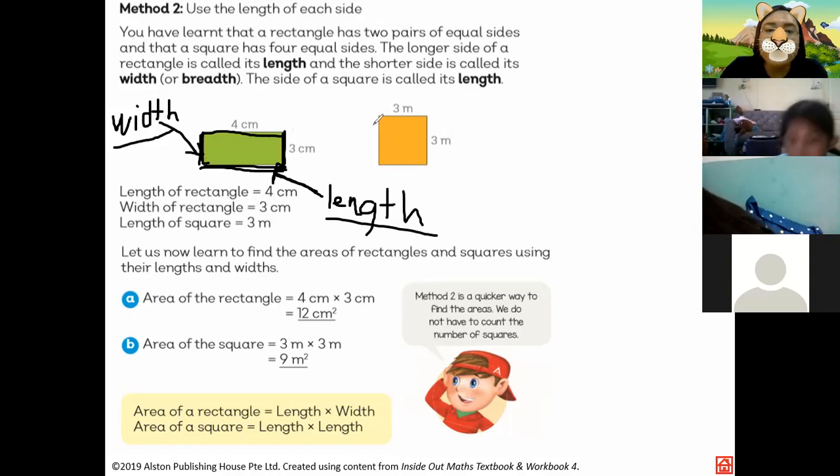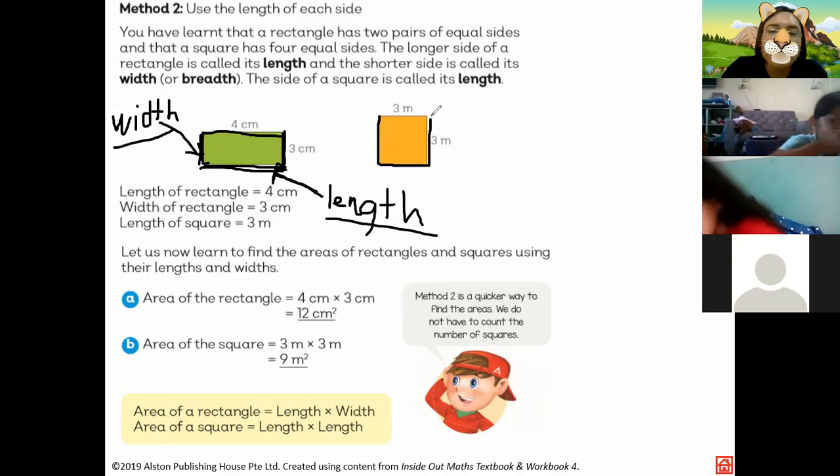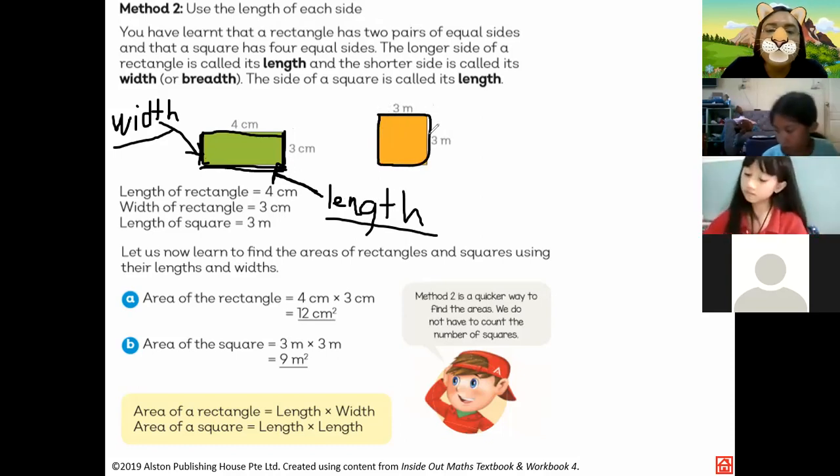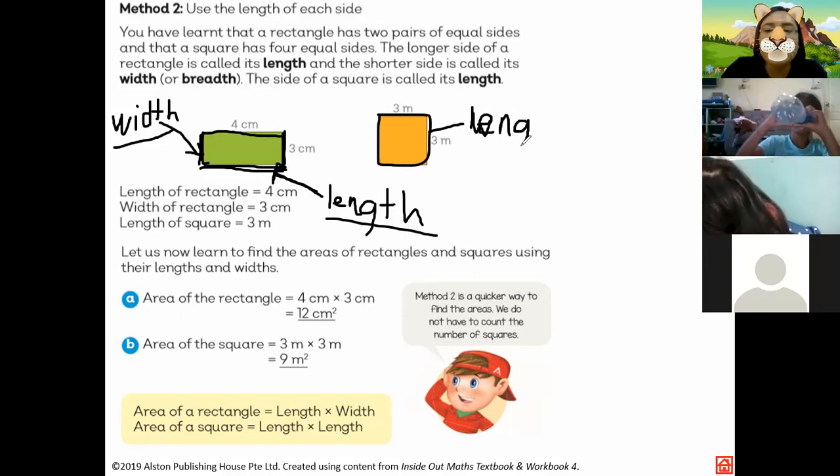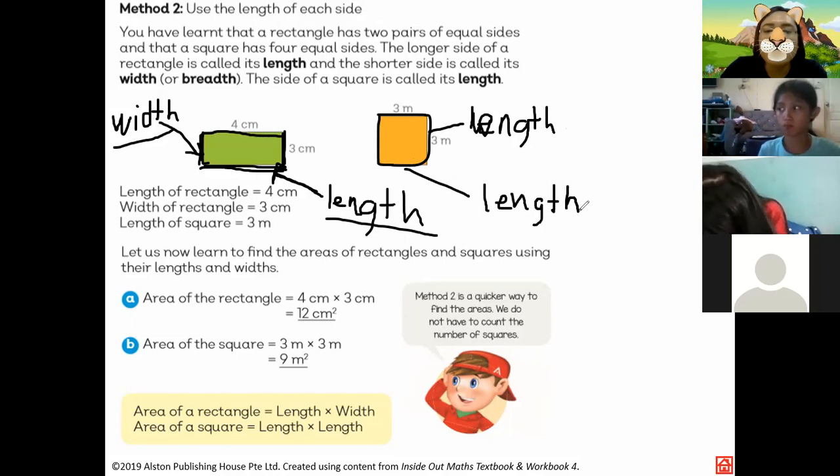Okay, for a square, the sides have the same measurement, right? So this one is called the length, L-E-N-G-T-H, and this one is also called length. For a square, the side of the square is called length.